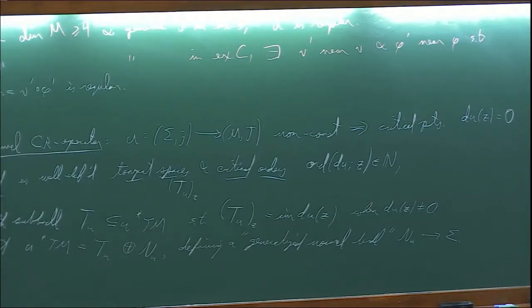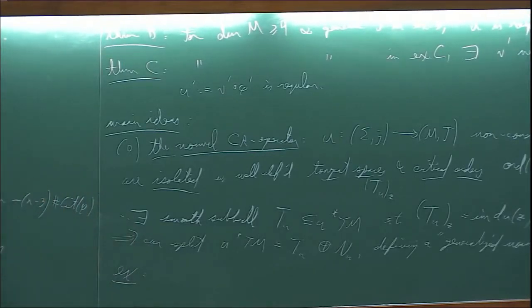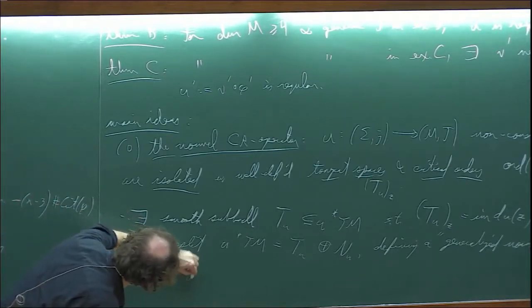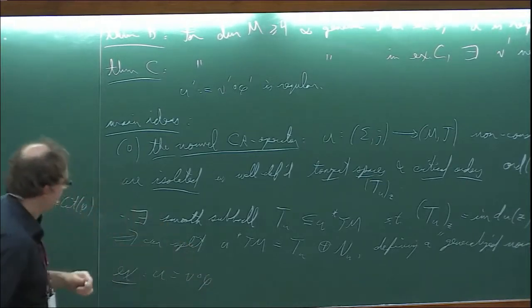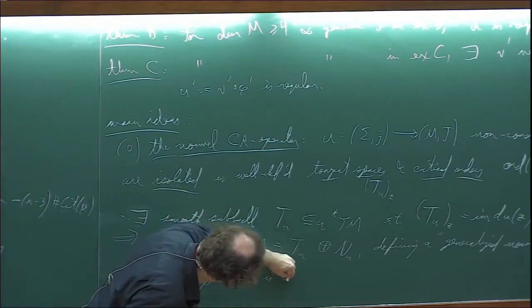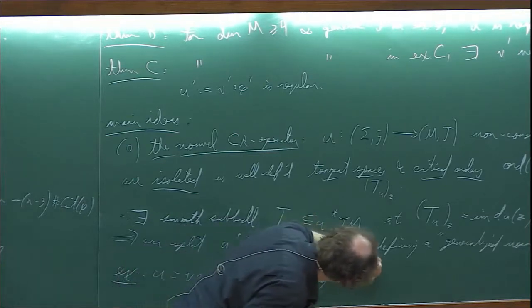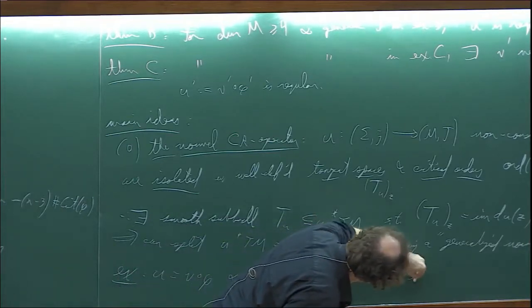And another useful example to keep in mind, and actually for the super-rigidity problem, for instance, this is the only example you need to understand. If u is a multiple cover of v, and v is immersed, with normal bundle N_v.